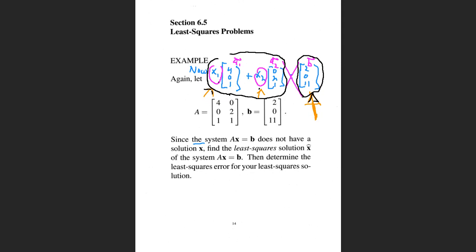So let me show you graphically what we want. Here's the situation we have. We have our vectors A1 and A2 that are part of the column space of the matrix A, because those are the column vectors of the matrix A. And then that vector B is outside the column space.